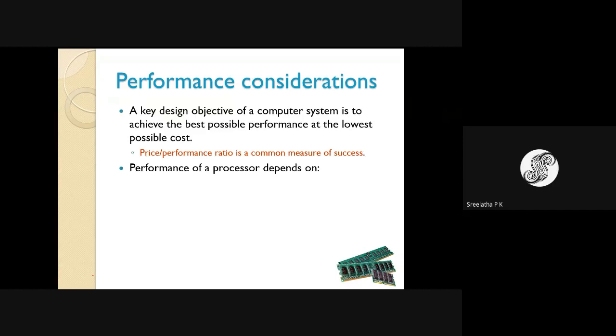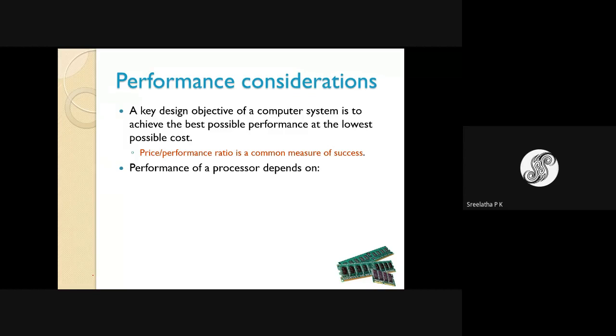Okay, the next topic is on performance, the performance of a system. All of you know that good performance of the system is expected, and it is ideal if it is of lower cost.